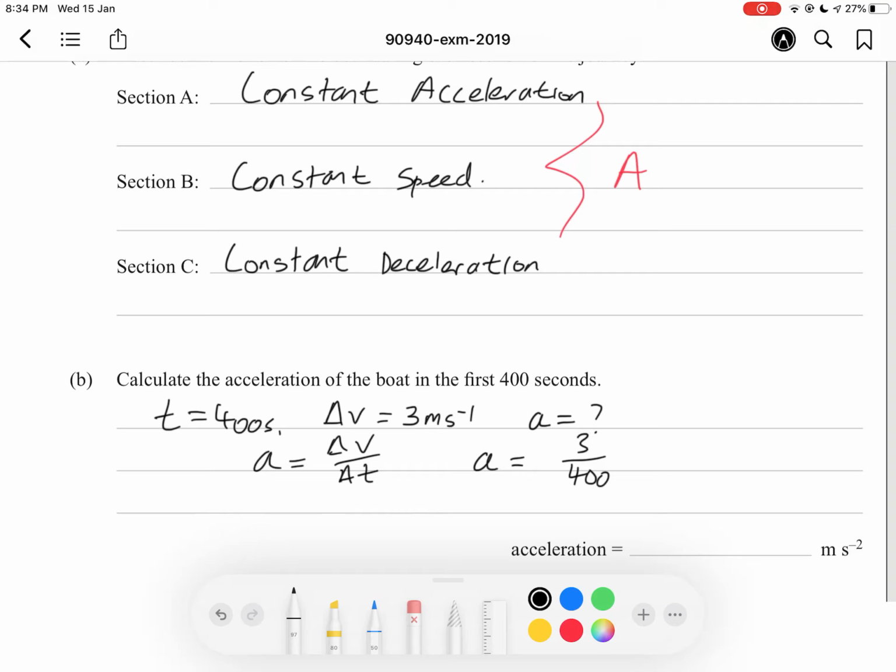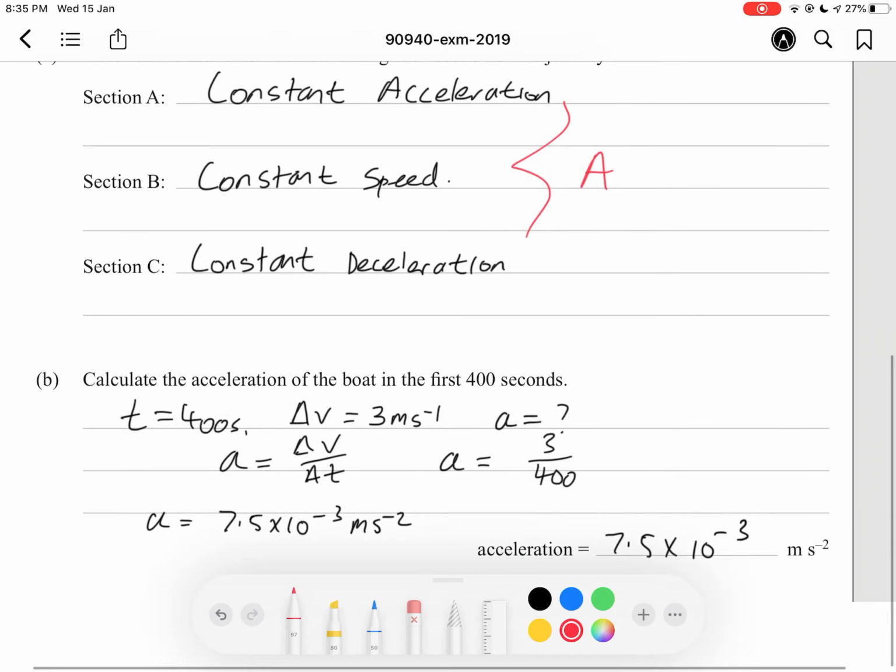That gets you an acceleration of 7.5 times 10 to the power of negative 3 meters per second per second. And once again, I believe this is just an achieved curriculum level for this question.